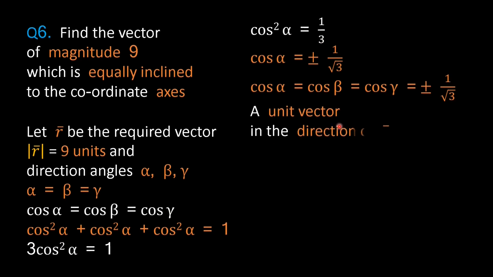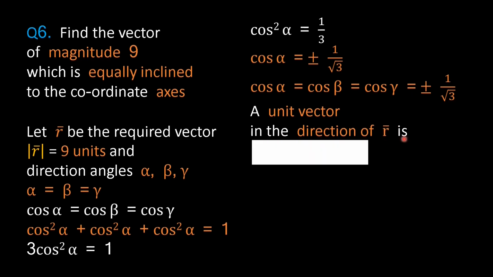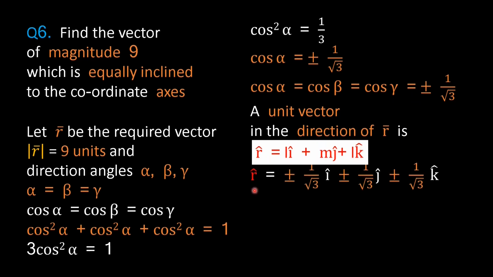A unit vector in the direction of r bar will be r cap equals l i cap plus m j cap plus n k cap. So that will be r cap equals plus minus 1 by root 3 i cap plus minus 1 by root 3 j cap plus minus 1 by root 3 k cap. But we have r bar equals mod r bar times r cap.